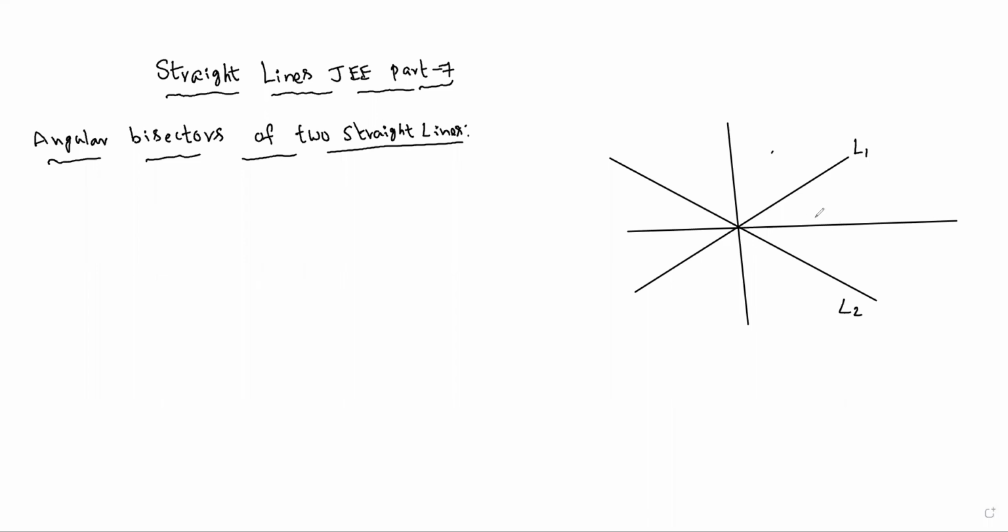Angular bisector is the locus of a point which moves in such a way that its distance from two intersecting lines is the same.